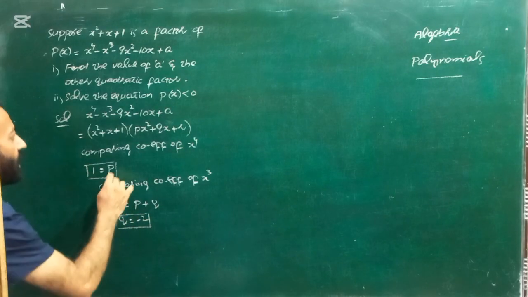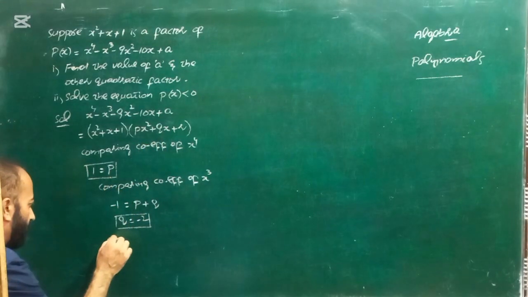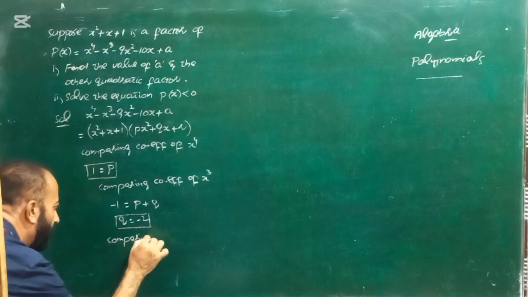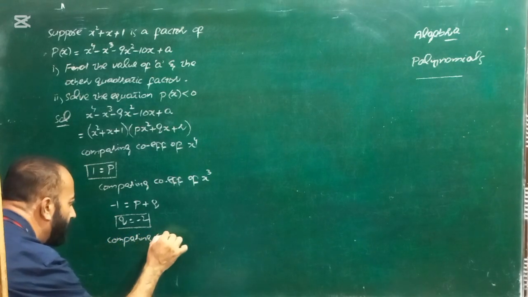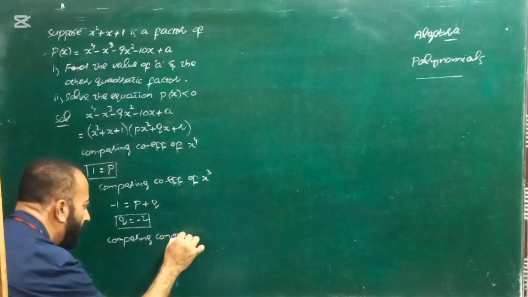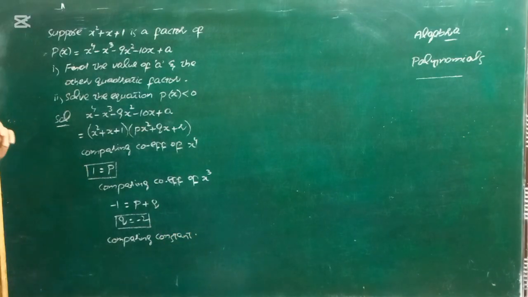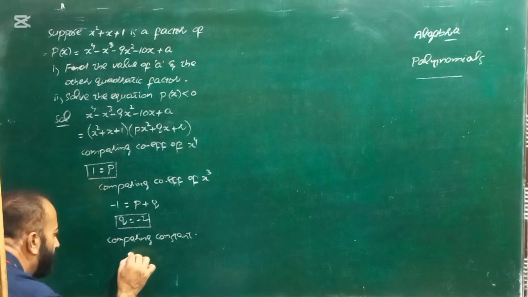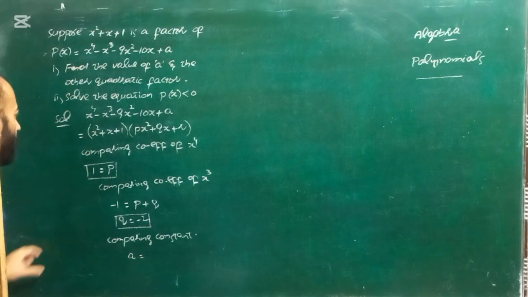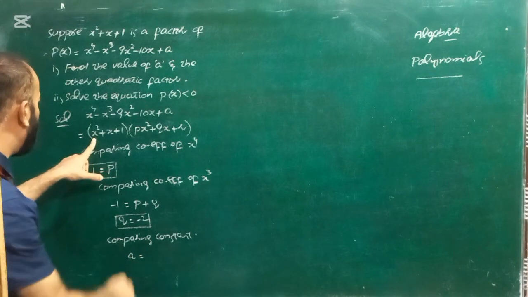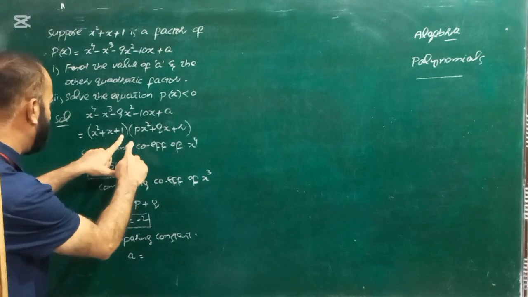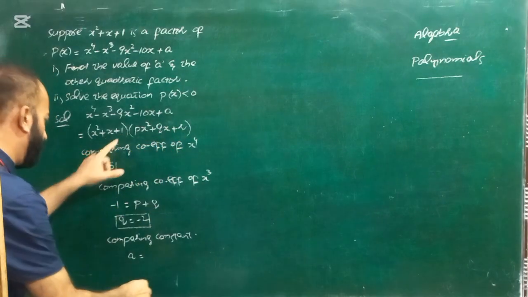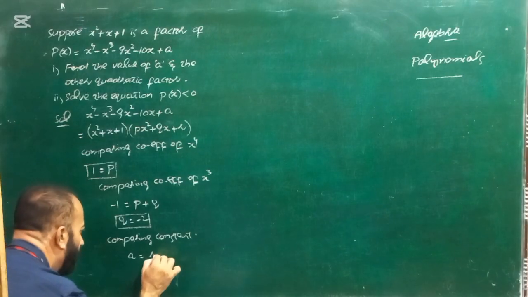Okay. Finally, comparing constant terms. So on the left hand side you can see the constant is a, and on the right hand side the constant term will be r.